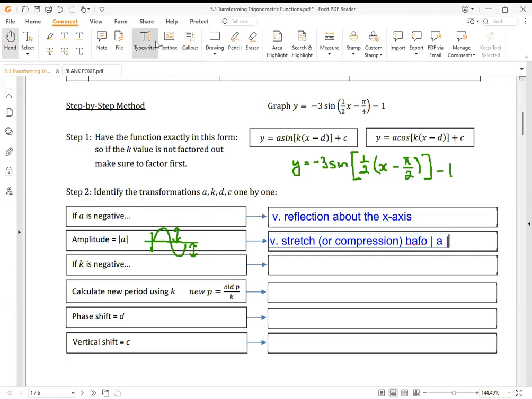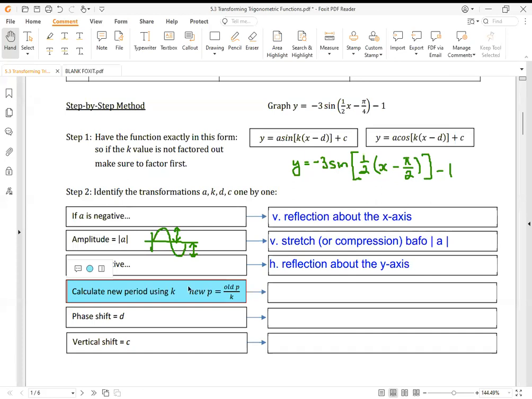Okay, well, K is basically the same situation as A, but horizontal. So if K is negative, we have a horizontal reflection about the y-axis. Be careful here. Don't worry too much about this. I will talk more about how we can use this formula later. If we have our K value, we know what the new wave period is.